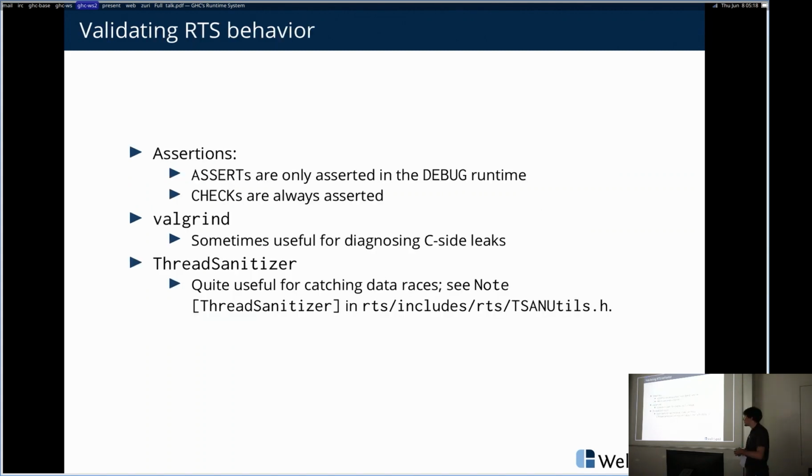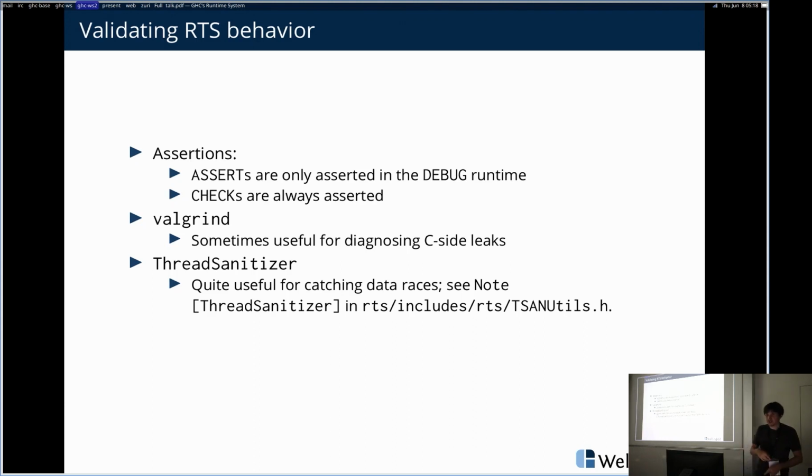There's a variety of ways of validating runtime system behavior. So we have assertions, which are only compiled in the debug runtime, and checks, which are always asserted. These are CPP macros, and very useful. You should use them when possible. Valgrind can sometimes be useful for diagnosing C-side leaks, but generally is not terribly useful for Haskell issues in the mutator, because Valgrind has no insight into the Haskell heap structure.